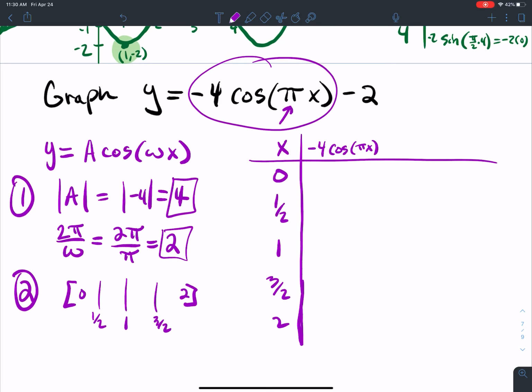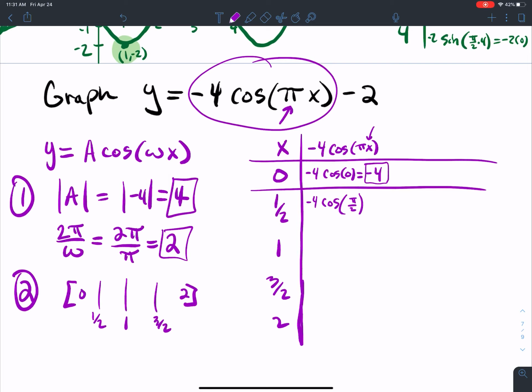Okay? And so what's going to happen here? Well, if I plug in 0, I get -4 times the cosine of 0, and cosine of 0 is 1, so that's just -4. And then the next one is 1/2, so I have -4 cosine, and if I plug a 1/2 in for x, I get pi over 2.